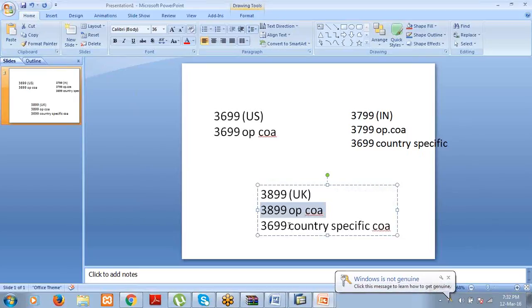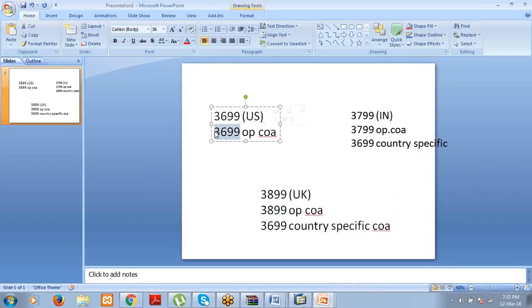Then we have to prepare another set of financial statements according to the 3699 chart of accounts, because it is the operational chart of accounts maintained by the US company code to meet the US Companies Act requirements, right? That's why this UK company code also has to prepare the financial statements based on the 3699 chart of accounts. Then this 3699 chart of accounts is called the country specific chart of accounts.